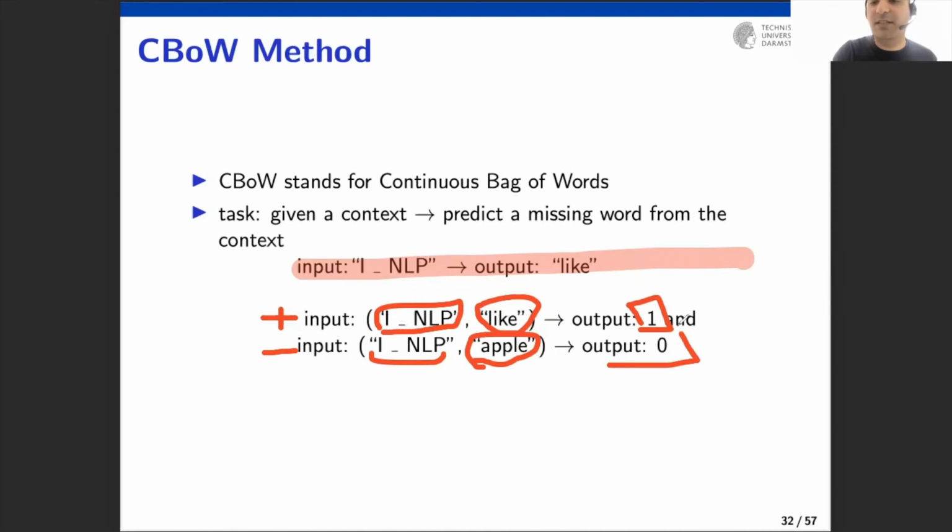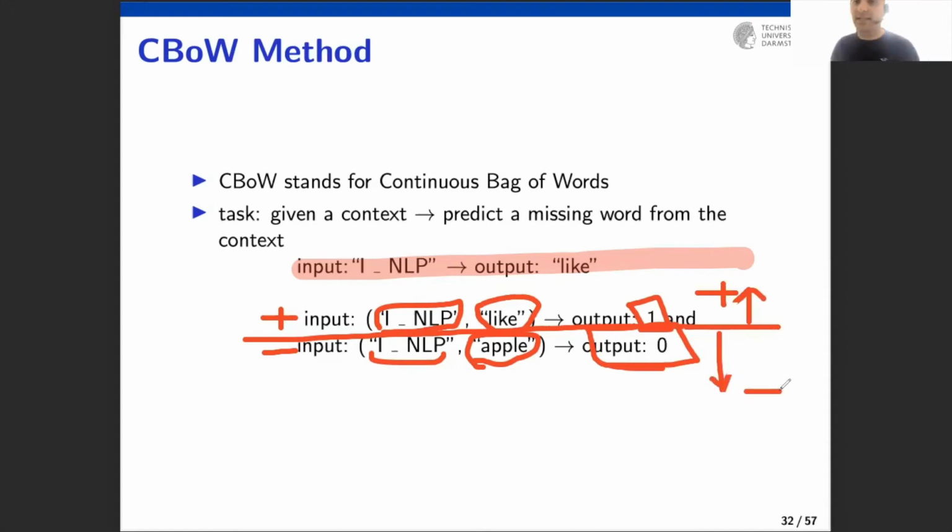So the output here is 0, right? So the task of our model is to say, okay, this sentence is positive or is a good fit, and this sentence is a bad fit or is a negative example.